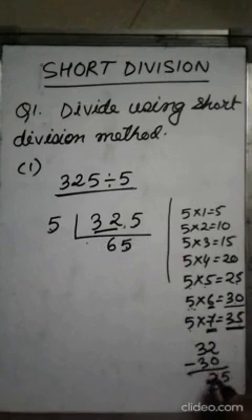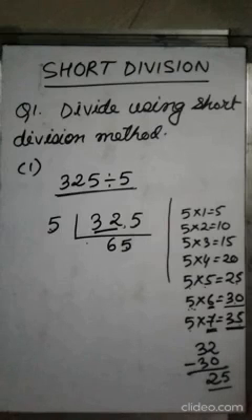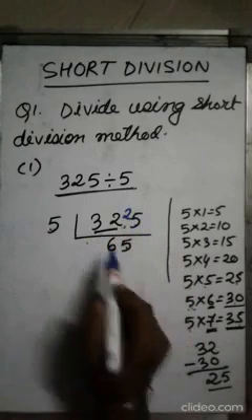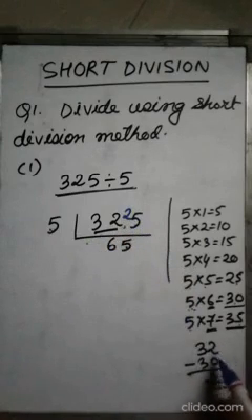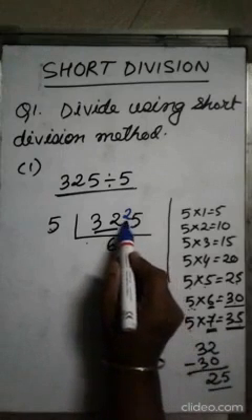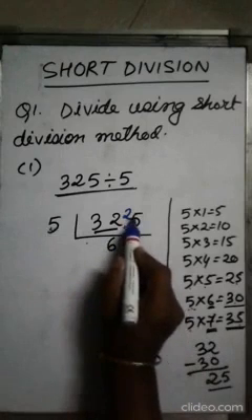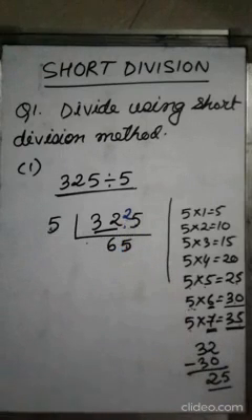This remainder you can write here also: 32 minus 30, the remainder 2, so it becomes 25. 5 into 5 is 25.